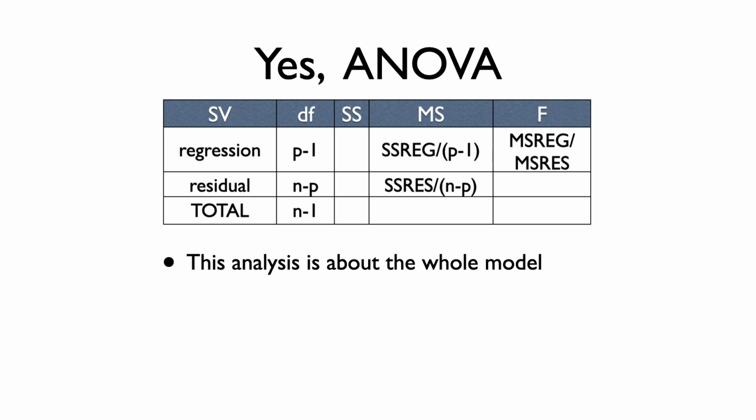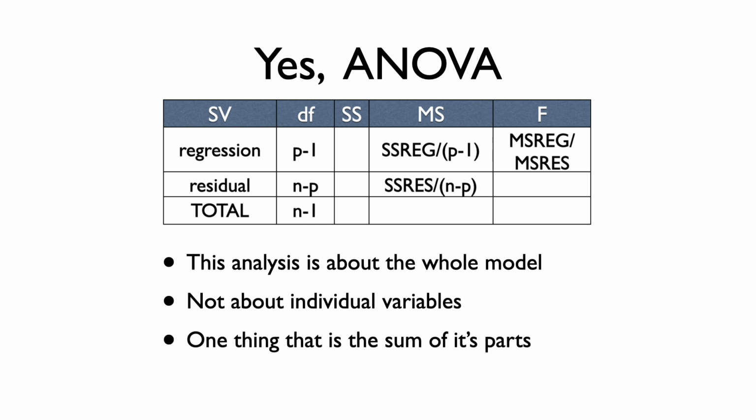This analysis is, of course, as I said, about the whole model. It's not about individual variables. The whole model had better be significant. The chance of it not being significant is really slim.